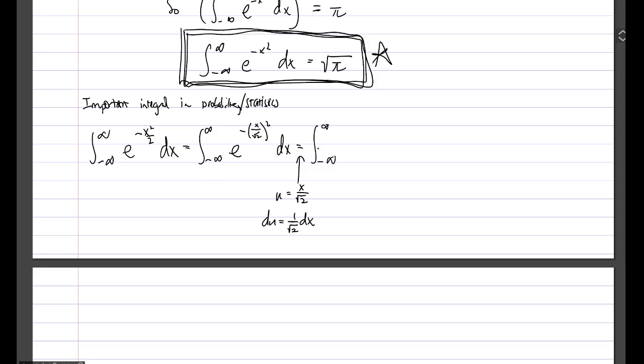But we're going to have now here, due to this root 2 in the denominator, we're going to end up with root 2 times e to the negative u squared du. Point being, we can bring out the root 2 in front. Yeah, we'll have root 2 times the integral from negative infinity to infinity of e to the negative u squared du.